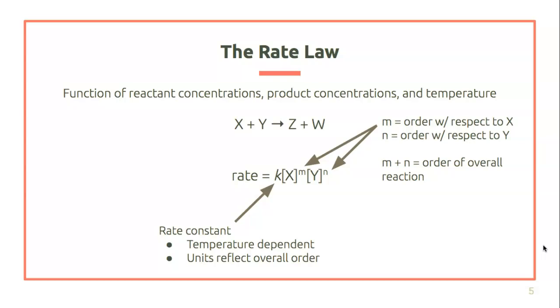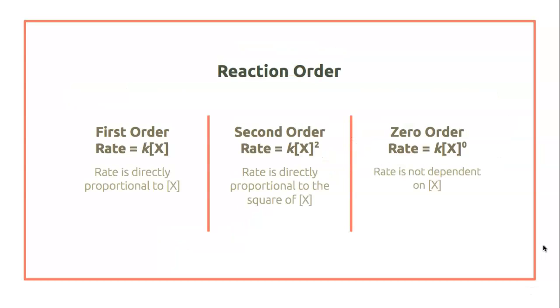Reaction orders are just a way to define how the reaction rate is affected by reactant concentration. And more specifically, we're going to talk primarily about first, second, and zero order reactions.